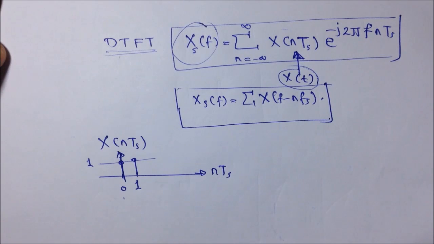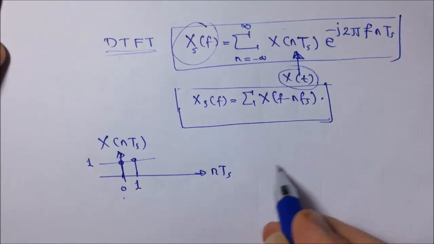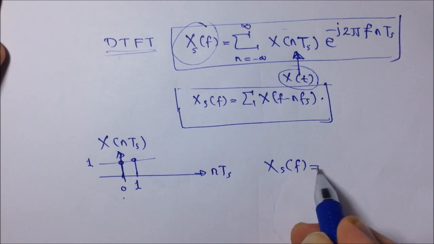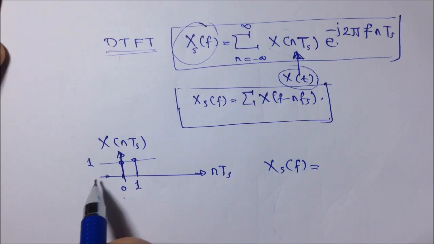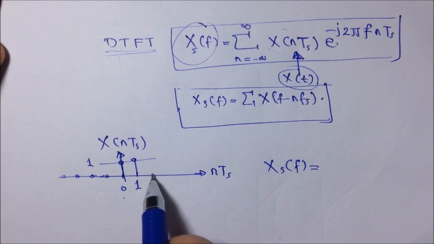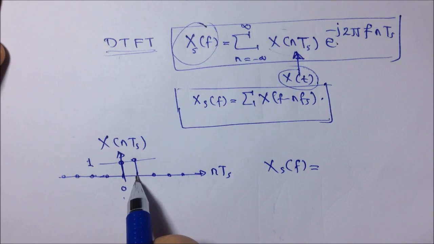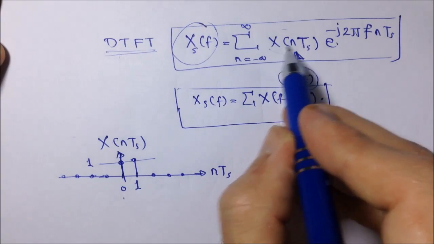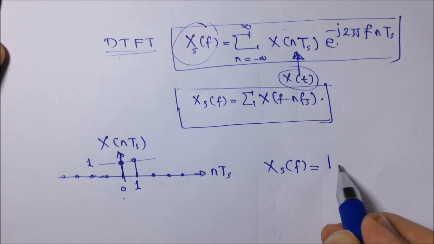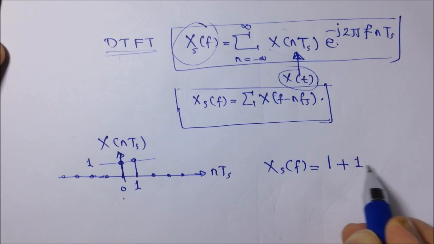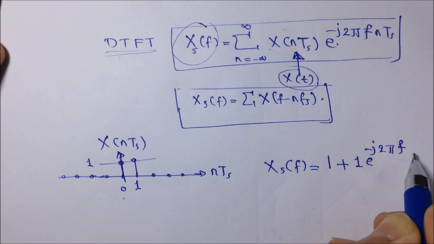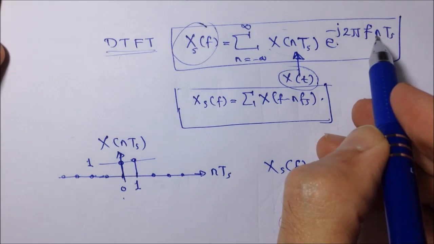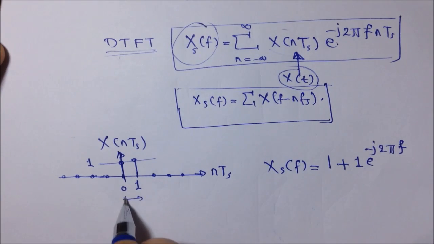Okay, so if we apply the formula of the DTFT, we get X s of f equal to this summation, but X of nTs is always 0 for all n values except for n equals 0 and 1. So when n equals 0 and 1, we get 1 plus 1 times e to the minus j 2 pi f, and Ts is equal to 1 and n equals 1. This is Ts.